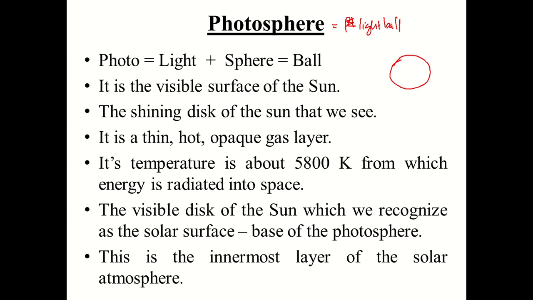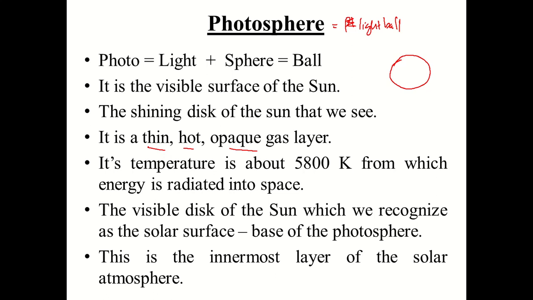When we consider the properties of this photosphere, we can see that it is a very thin, hot, opaque gas layer. That is, the photosphere also consists of gas. Actually, hydrogen gas is there, and it is an opaque gas layer, which means that we cannot see through that layer.